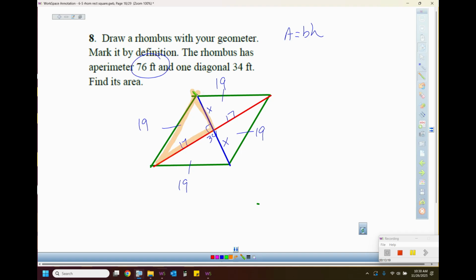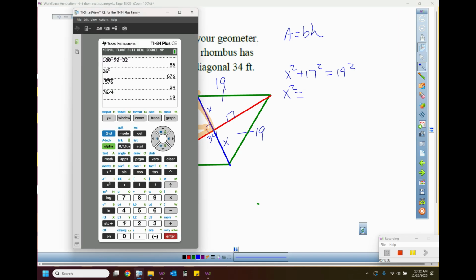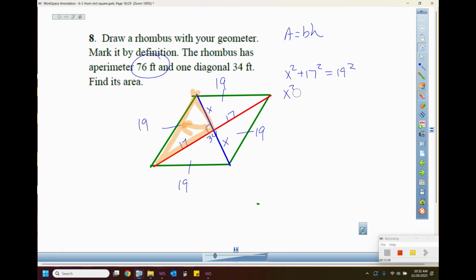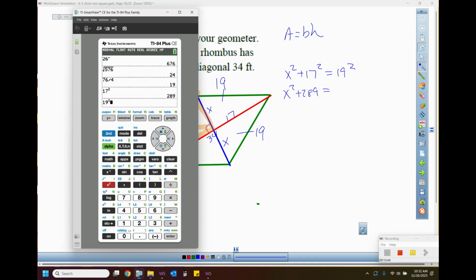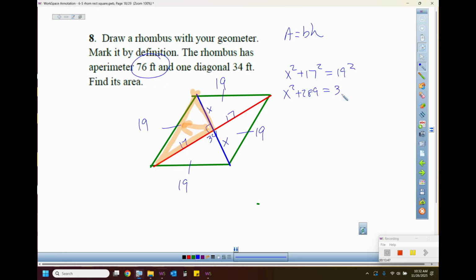Well, here's our buddy again, right? Our buddy is the right triangle. So 19 is the hypotenuse, so I'm going to do X squared plus 17 squared equals 19 squared. And we'll punch these things in. 17 squared is 289. And 19 squared is 361.